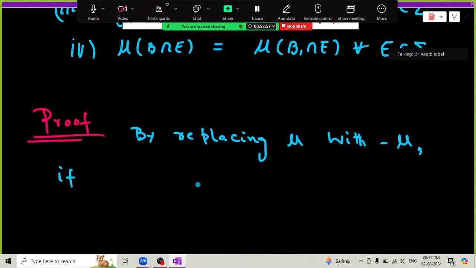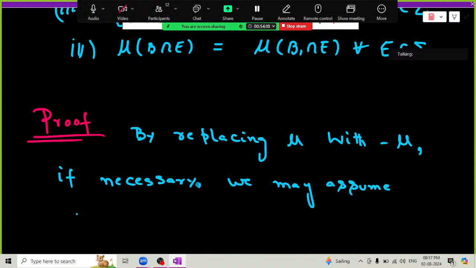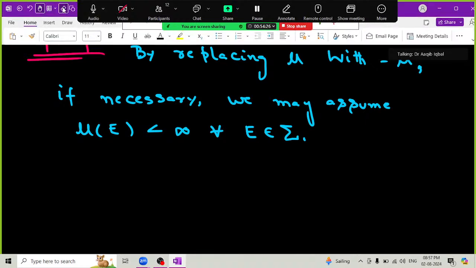If necessary, we may assume mu of E is not infinity, means less than infinity, for all E's in the sigma algebra. तो ये किया जा सकता है. It's a simplifying assumption and it will help us to prove this theorem.